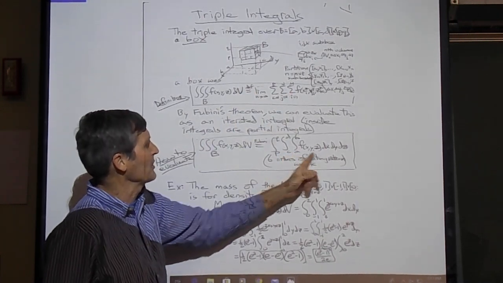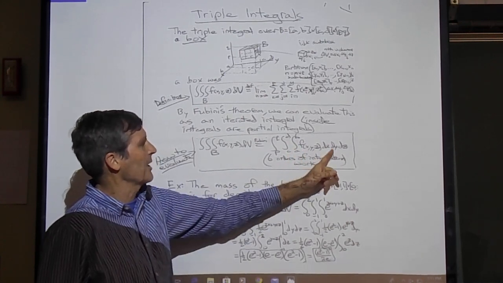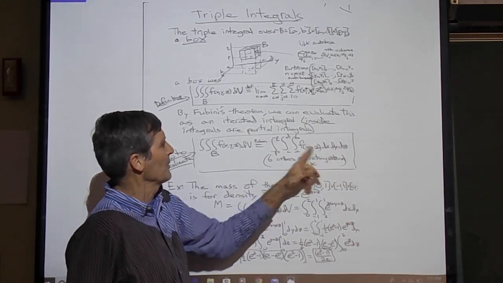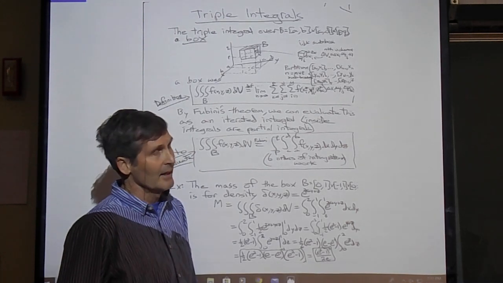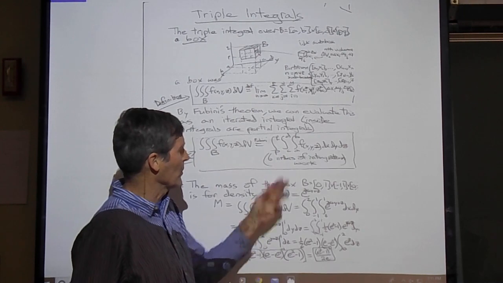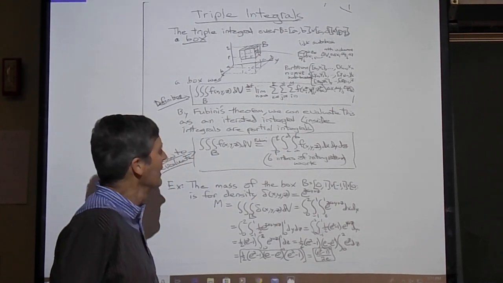This notation means an integral of an integral of an integral, with the inside integral treating the outside 2 variables y and z as constants, the middle integral treating the outside variable as a constant, and finally the outside integral just an ordinary integral of calculus 1. You can put these in any order also. We said there's 6 different orders you can do the integration, and it doesn't matter which one you do.